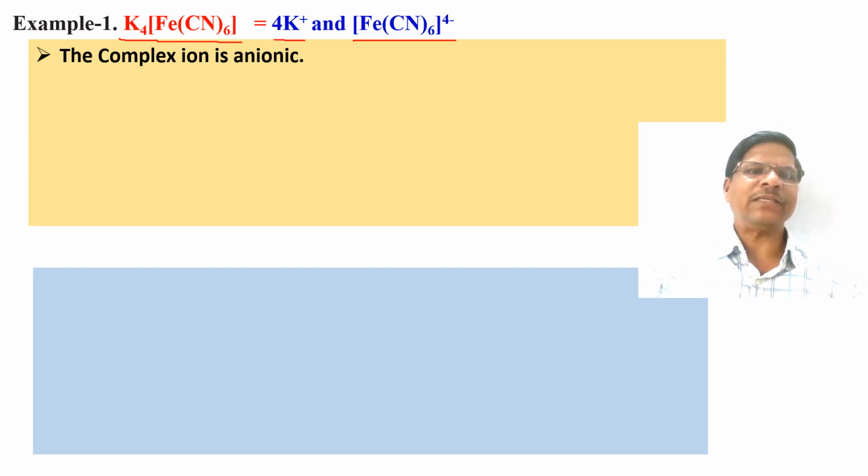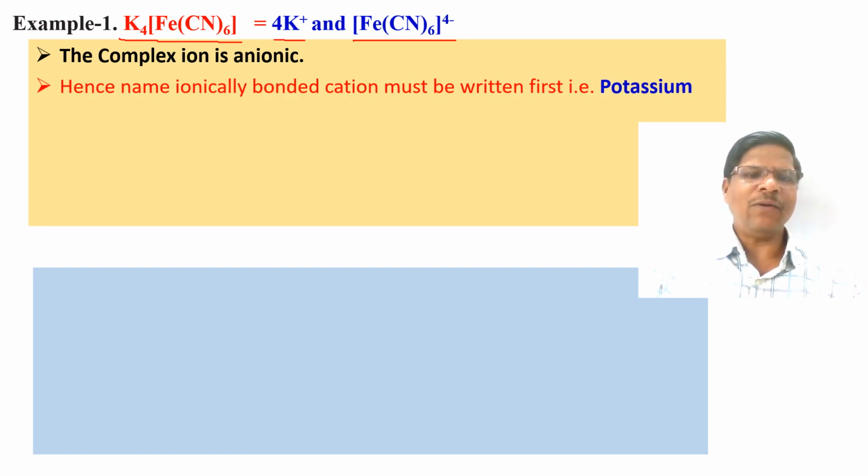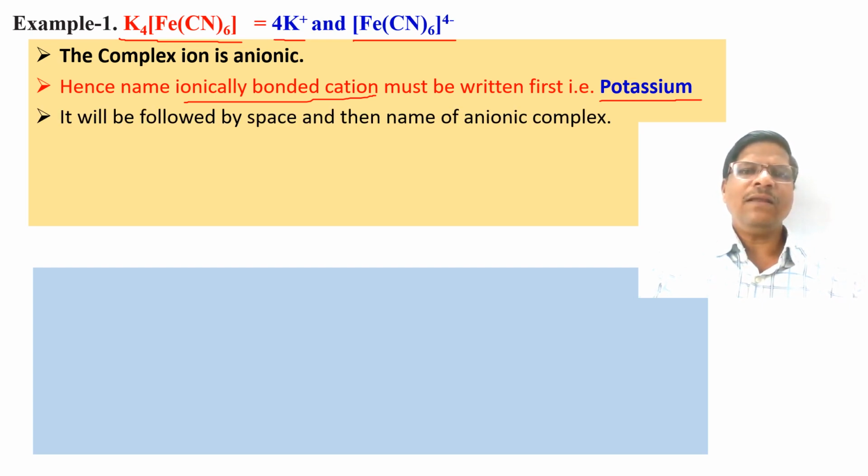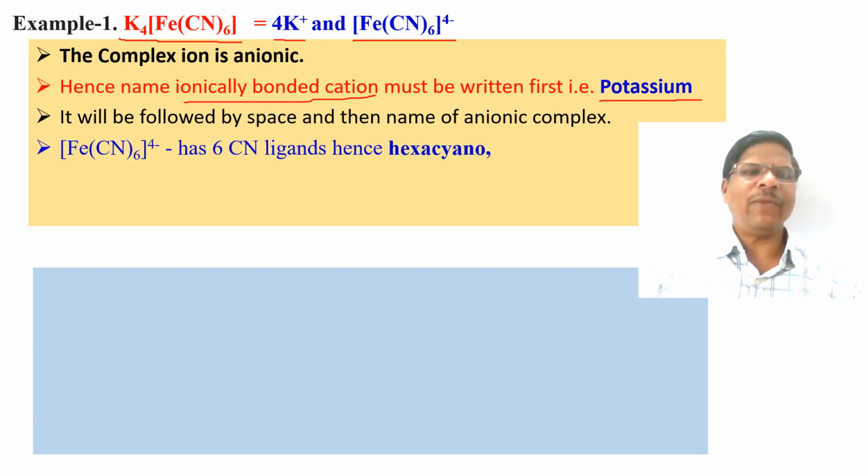Okay, so the complex ion is anionic, so we'll write down the name of the ionically bonded cation, that is potassium, first. Then it will be followed by the name of the complex ion.